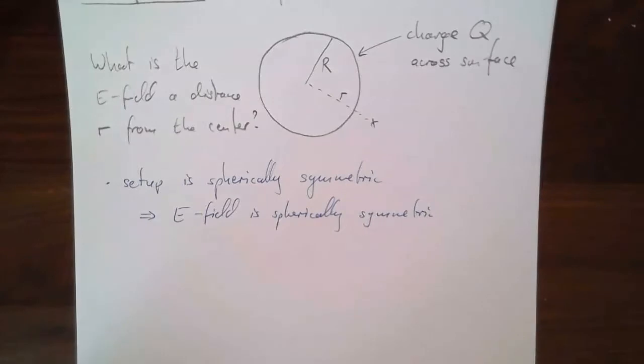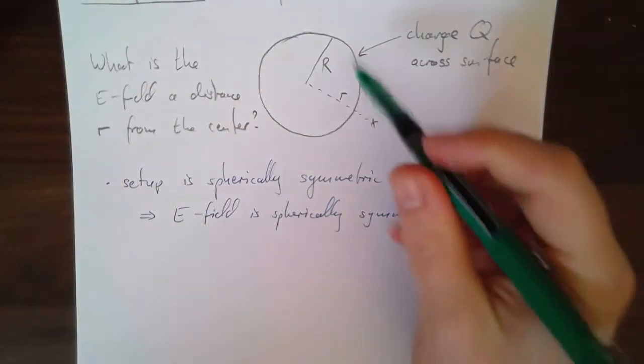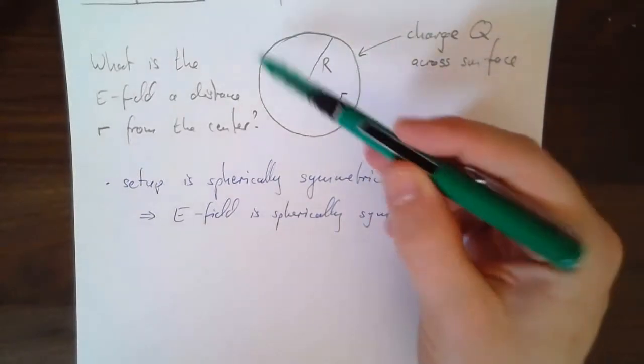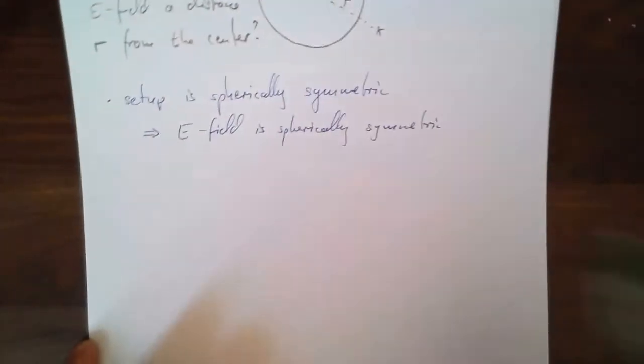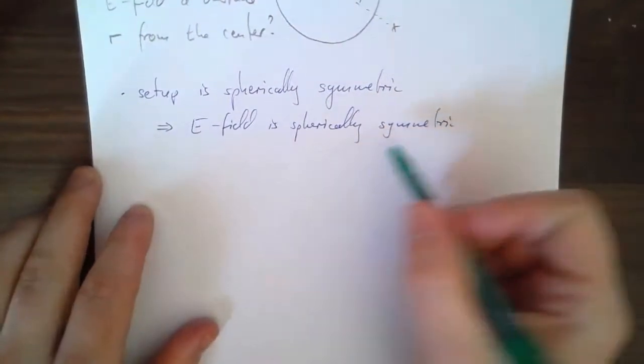Think about that too. So the electric field is spherically symmetric, and let's assume our charge is positive, then we know that the electric field must be pointing just outwards from the surface.